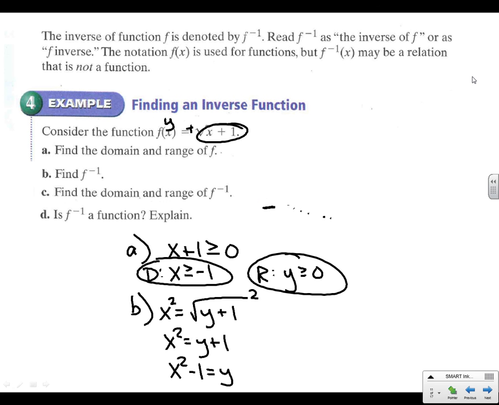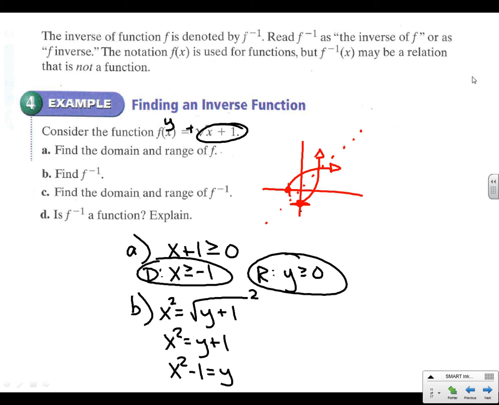I am all over the place here. That's what happens when you're going too fast. The square root is going to start to the left here and go like that. Okay? And then our x squared, our parabola, is going to start low and go up like that. Okay, there's the line y equals x that will bisect. All right, so we have this. Let's find the domain and the range of the inverse here.